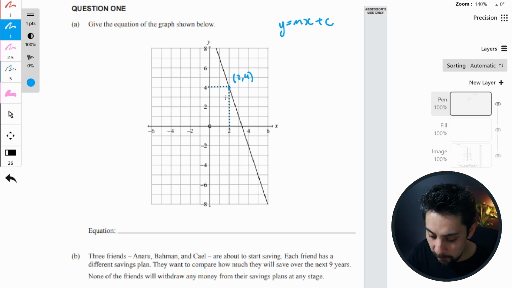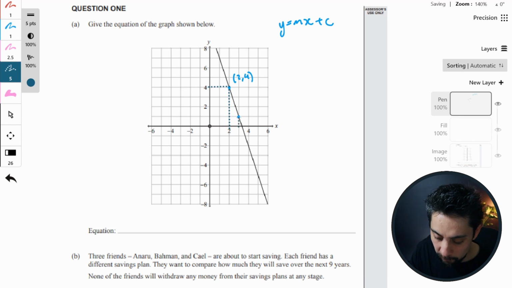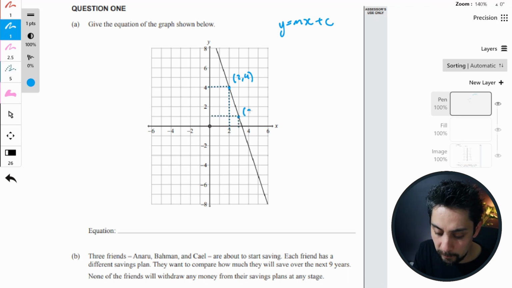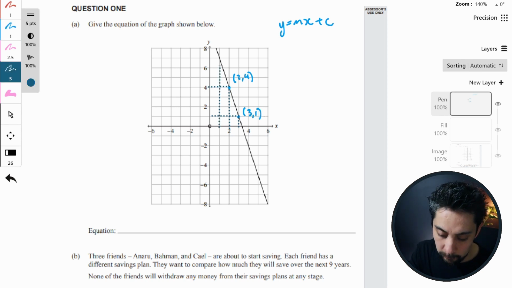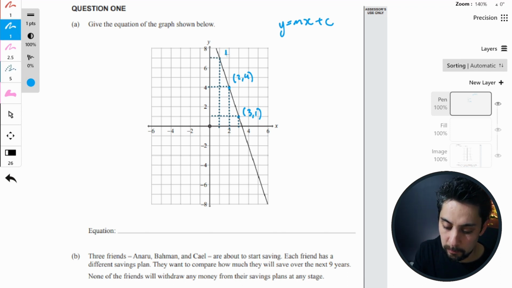We also have another one here. So that's, what's that, 3 on the x-axis and 1 on the y-axis. So that's 3, 1. And another one right here at 1, 7.